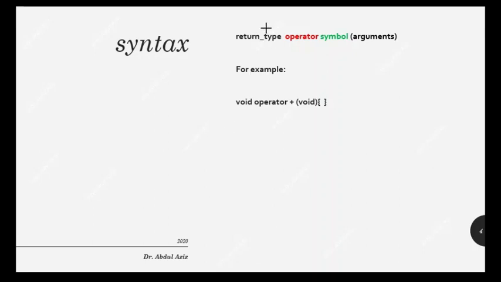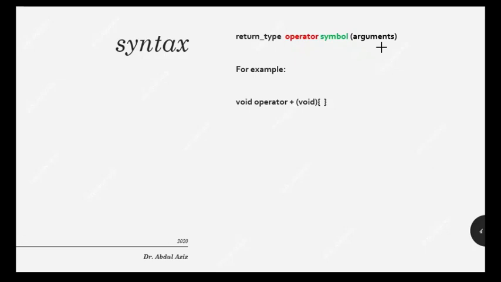So we have the return type, which means the type of value that the operator will return to us. Then we have the keyword operator, then the symbol of the operator that we want to overload, and then in the round brackets we give the arguments.